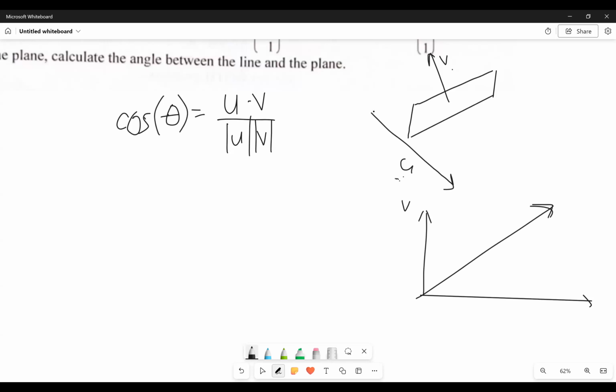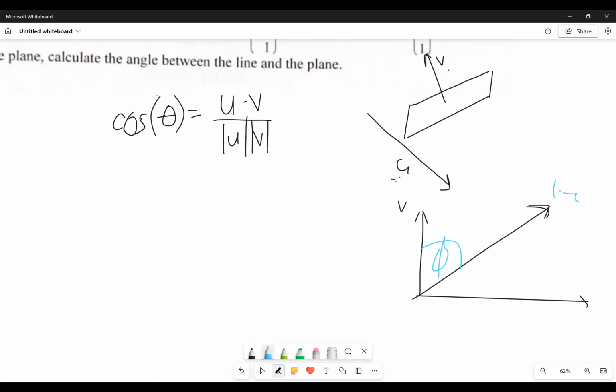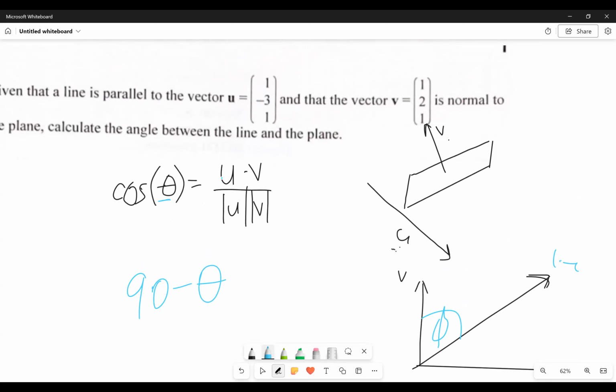If we do this, we're going to get the angle here. But we don't want the angle there. We want the angle between the line and the plane. So any answer we get here, we need to rewrite it to be 90 minus whatever angle we got. Make sense? That was understandable, on why we need to have 90 minus theta? Any issues with that part? Okay, we're good.